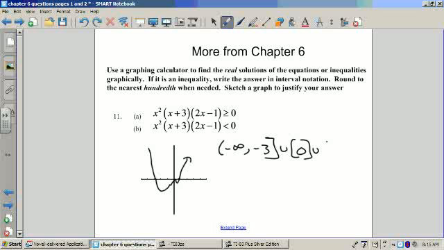And then everything from 0.5 onward, I'm greater than 0. Less than 0 would be from negative 3 to 0, then from 0 to 0.5.